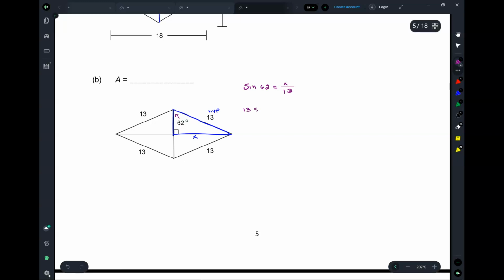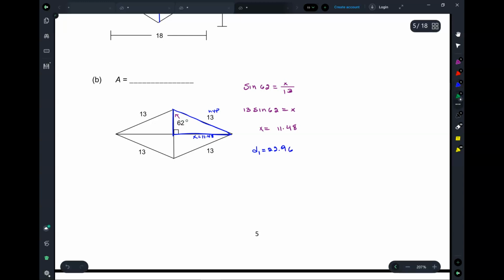So 13 sine 62 is x. And when we put it in the calculator, x is 11.48. Okay? So what's D1 if it's this horizontal diagonal? What's D1? 11.48. Correct. So D1 is 22.96.